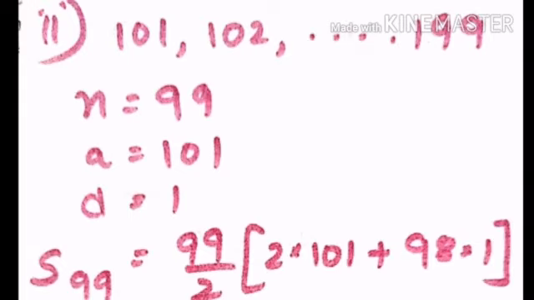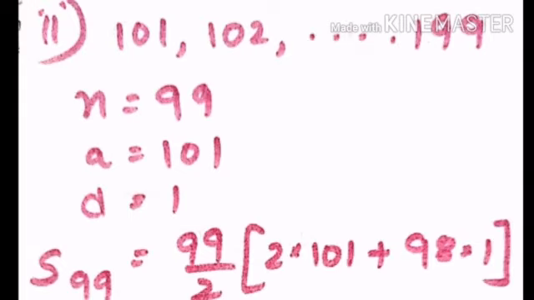So how many numbers in total? 101 to 199, that is 1 to 99, so 99. So I have written n is 99. The first term a is equal to 101. The difference d is equal to 1.